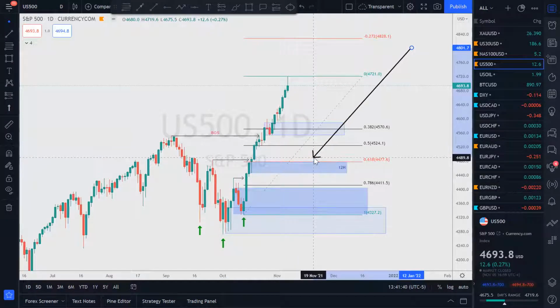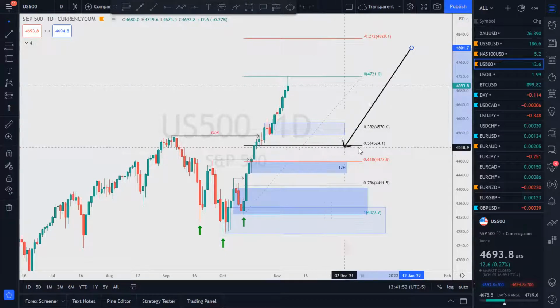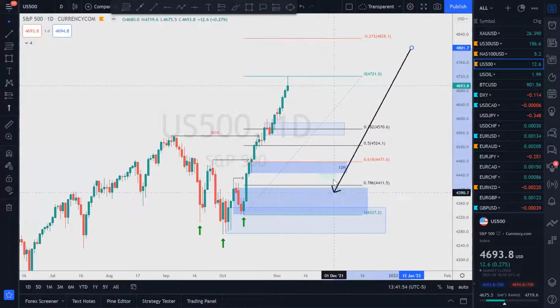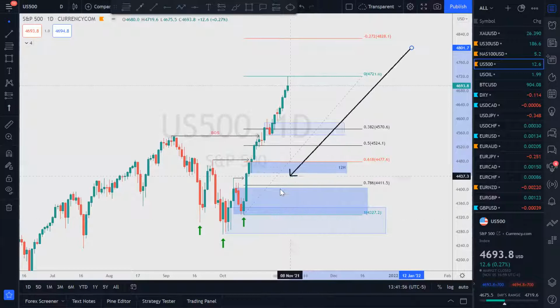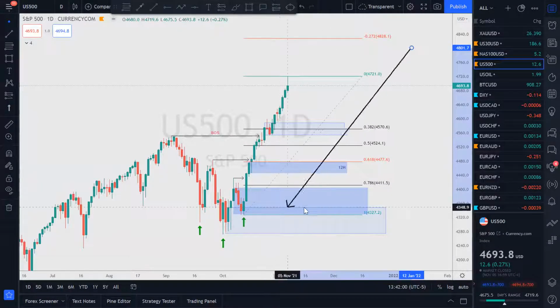Now, I don't mess around with anything above 50%, because this is premium pricing. What you want is below that 50% line down here, where institutions like to take their longs in discount pricing. They get better prices down here.